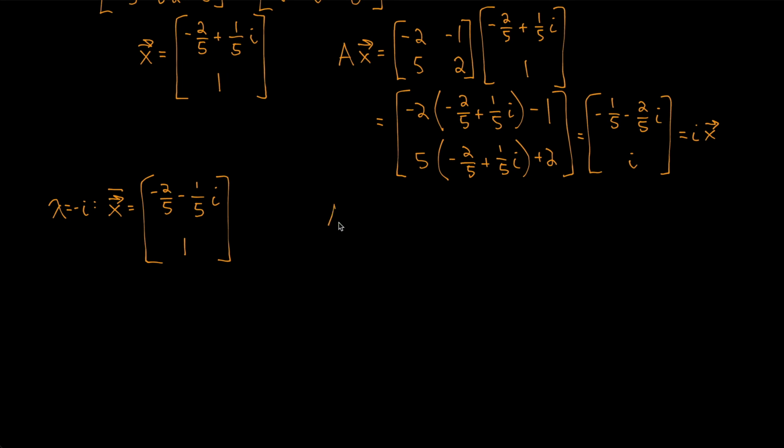So let's test that. Let's take A times x bar. So that's -2, -1, 5, 2. And we'll multiply that by -2/5 minus 1/5 i, 1.